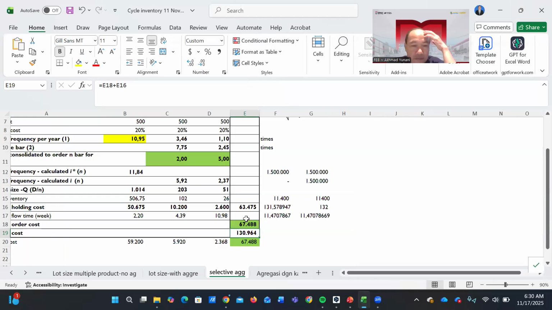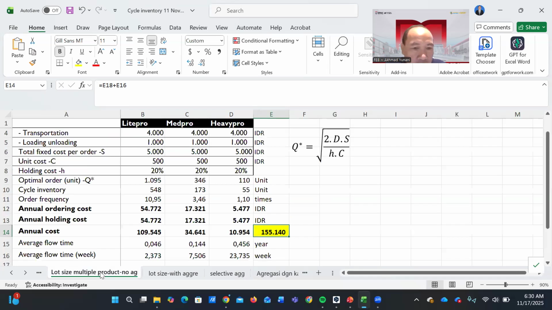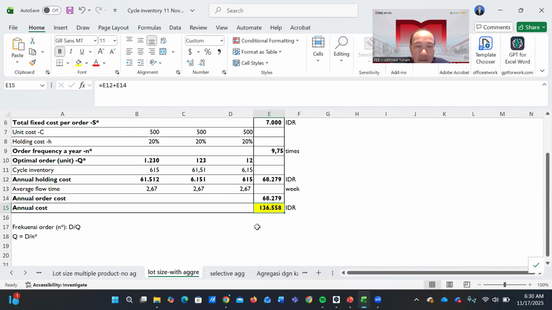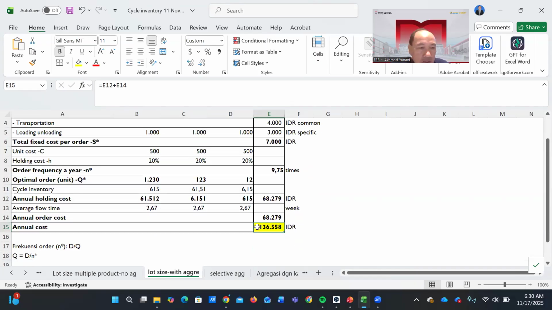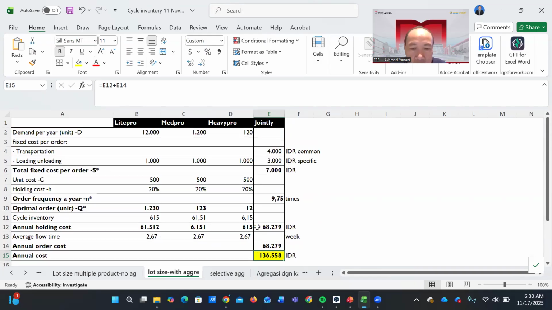Compared to the two other scenarios: for the first scenario, where we don't aggregate, the annual inventory cost will be 155,140 rupiahs, while for the order with simple aggregation, the annual inventory cost will be 136,558 rupiahs.